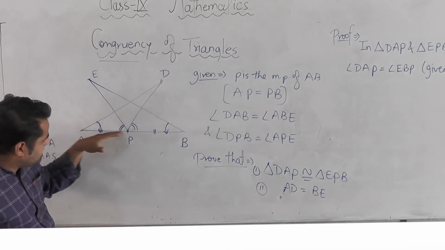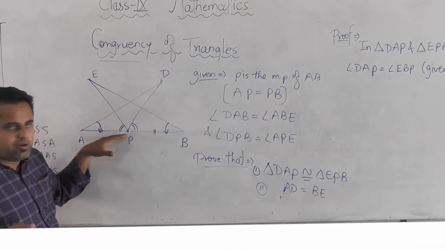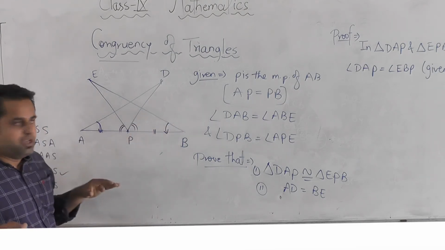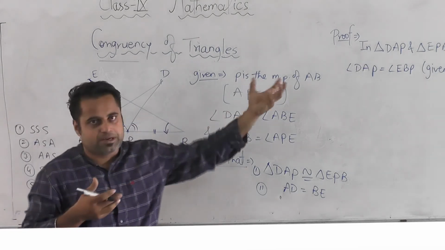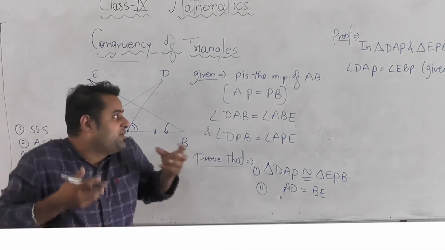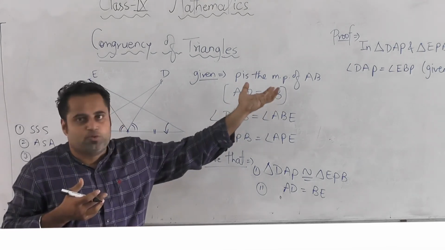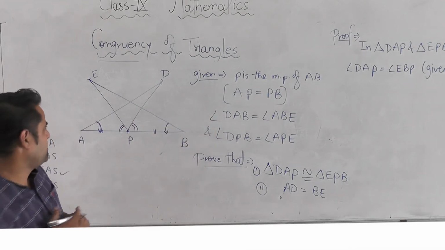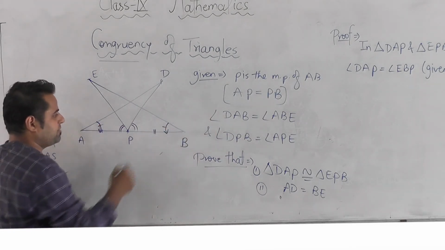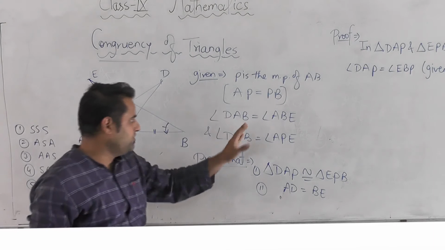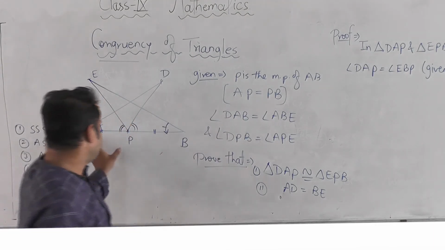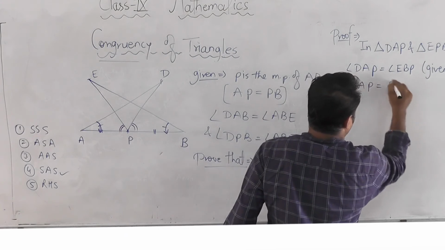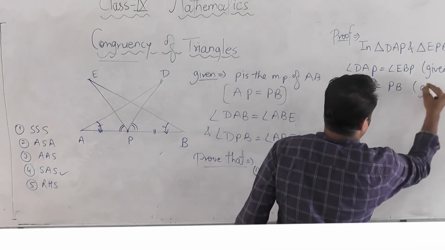For the third side we can take AP, not up to B, because our proof needs it like this only. Okay, so these first angles A and B we have proven equal, they are given to us. The second thing is AP and PB. AP is equal to PB. That is also given to us.